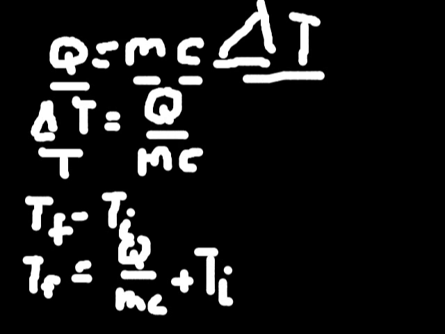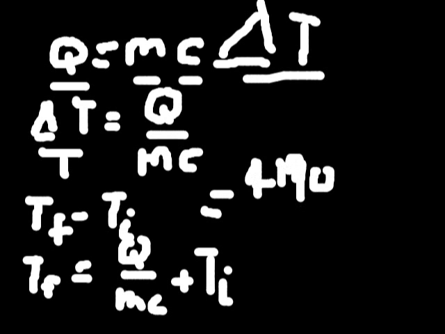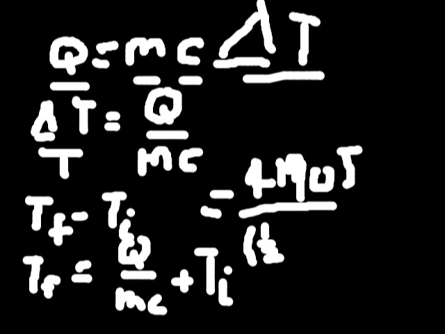Well, they gave us most of this stuff. What's the amount of heat added in standard SI units? It's just 4,190 joules. Sorry, that's a 9 right there if you can't see. Joules over, what's M? M is 1/2 kilogram. I'm not going to include the units, it's going to require too much writing.